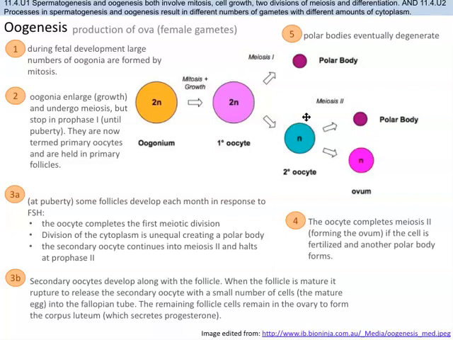But here we have fewer gametes being produced but more cytoplasm and nutrients. So this is actually advantageous because we want a really viable egg with all of the nutrients and cytoplasm available for that developing embryo and for fertilization to occur.